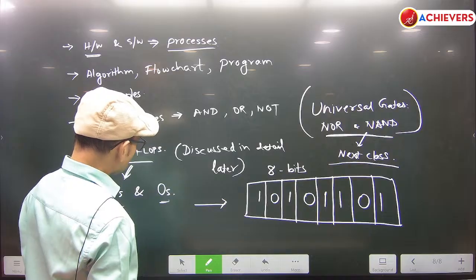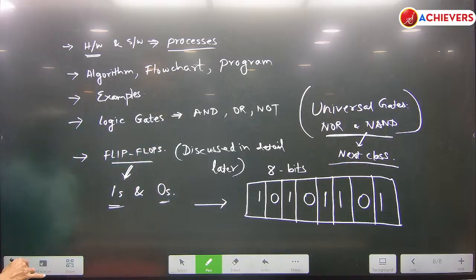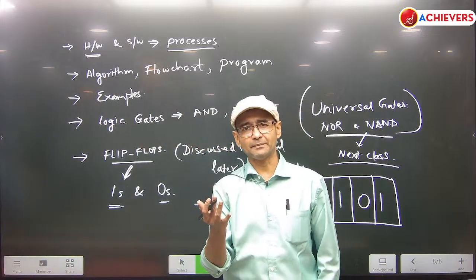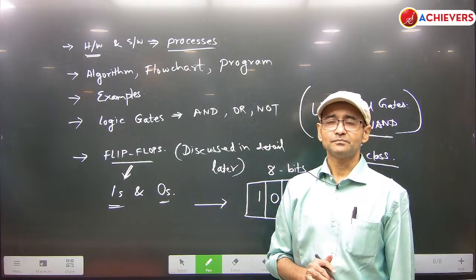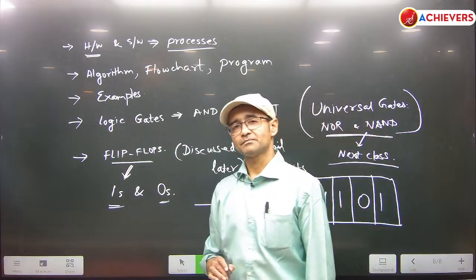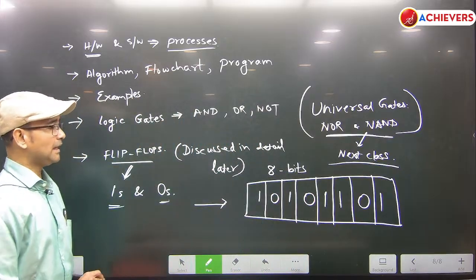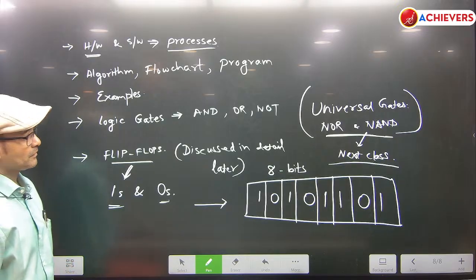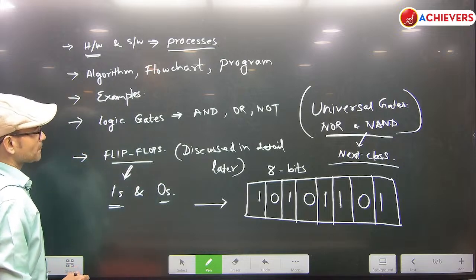So this is all that we have covered today. Next class we will start with a bit of binary mathematics and digital logic. Is it clear? So today we complete the first class. Thank you.